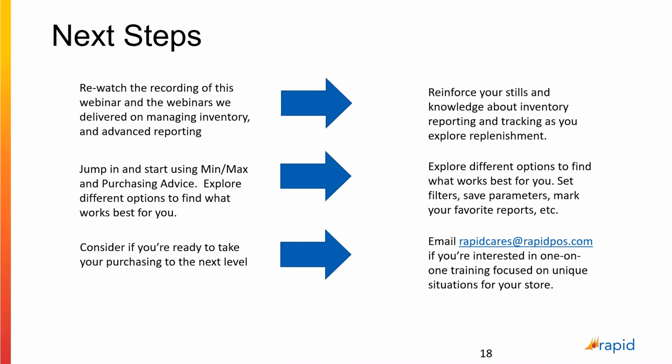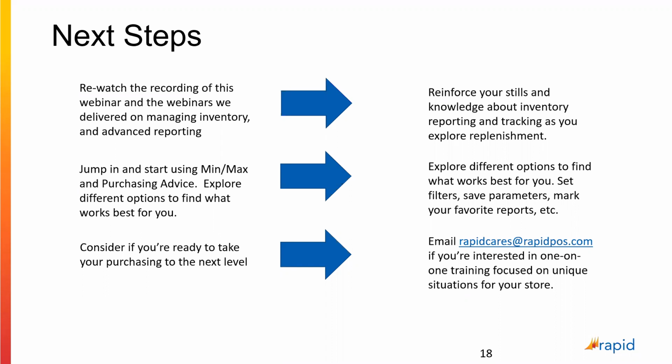And consider if you're ready to take purchasing to the next level. Email us at rapidcares@rapidpos.com if you're interested in one-on-one training and getting focused on unique scenarios that you experience at your store with the items that you're selling.